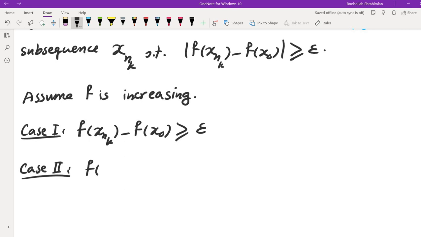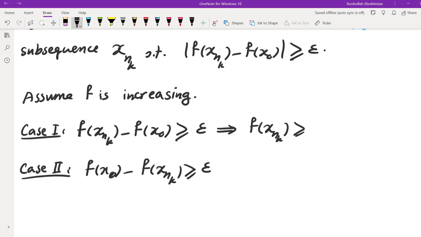So this would be f of x0 minus f of xnk. So there are two possibilities for the absolute value. It's either f of xnk minus f of x0 or f of x0 minus f of xnk. The first case tells us f of xnk is greater than or equal to f of x0 plus epsilon.